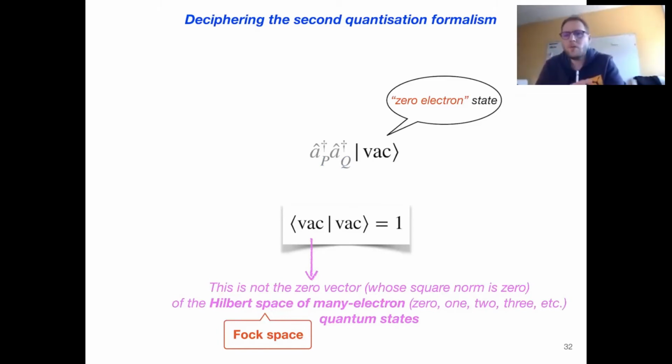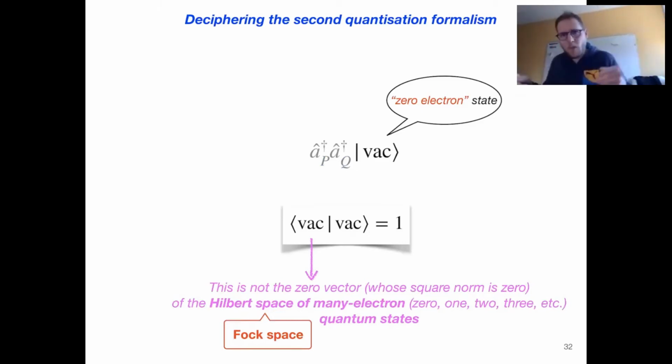So you consider all possible states, and the number of electrons can actually vary. This is an infinite dimensional space, and this is what we call the Fock space, okay? So our playground in second quantization is the Fock space, where we can afford having no electrons, 1, 2, 3, 4, and whatever you want, okay?